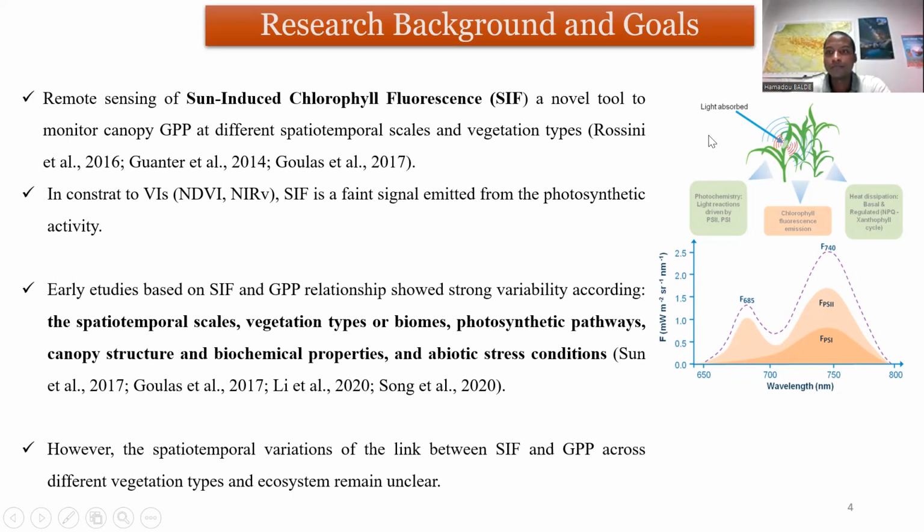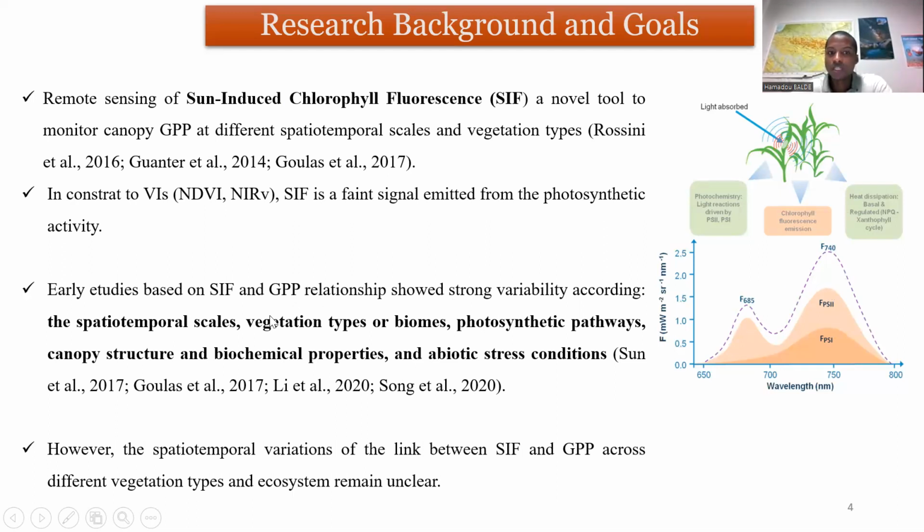In other words, the light absorbed by the chlorophyll pigments in the range between 400 and 700 nanometers, that means in the visible range, is either used for photosynthesis or dissipated as heat, and lastly emitted in the form of fluorescence in the red and infrared spectral bands.